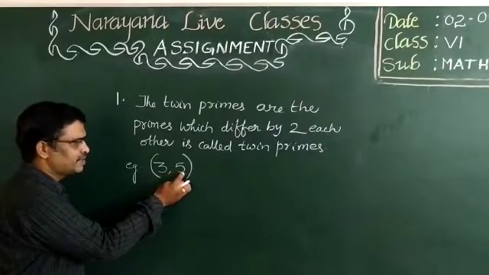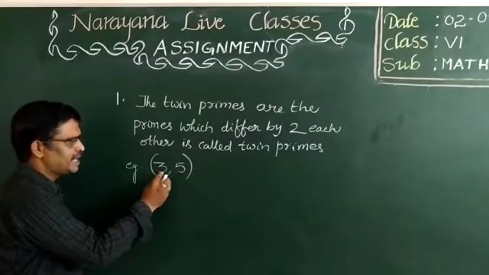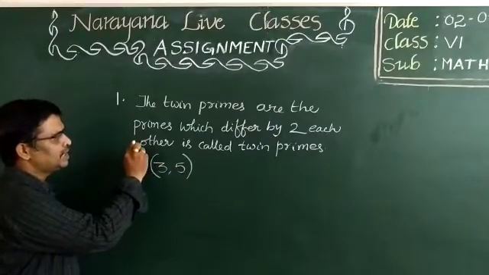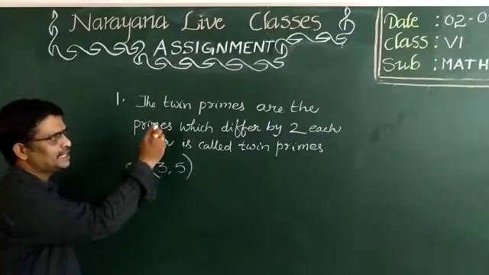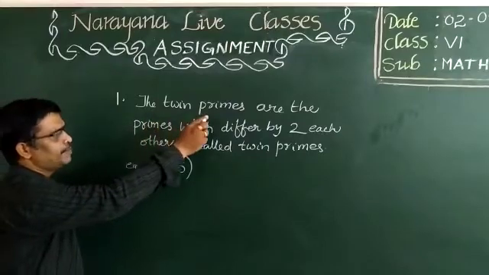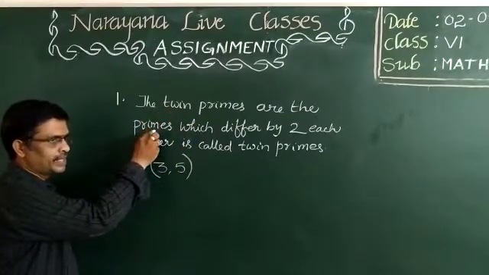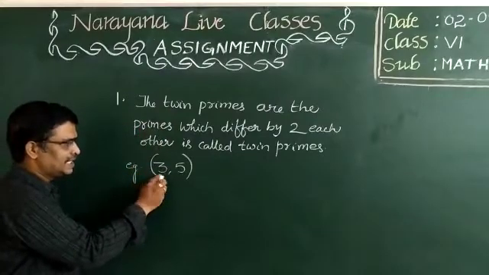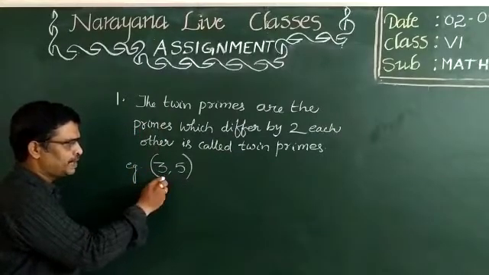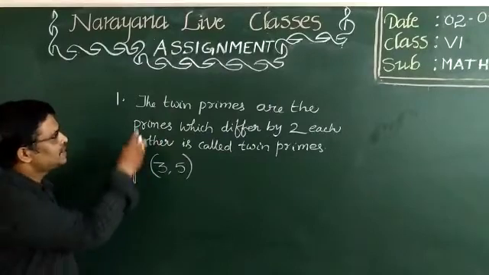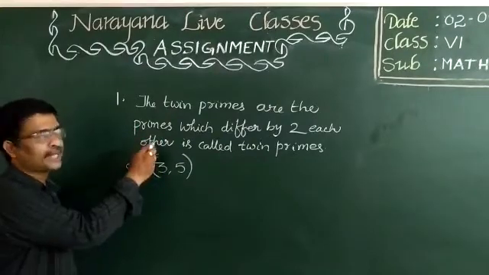What is the difference between the two primes? 5 minus 3 equals 2. So only this type of pair we take as twin primes. Twin primes are nothing but primes only, and the condition is that the difference of the two primes should be 2. So this is the definition of twin primes.